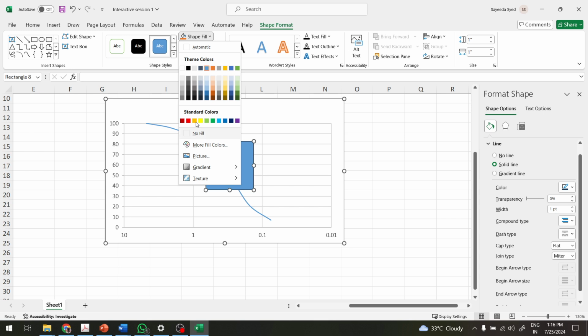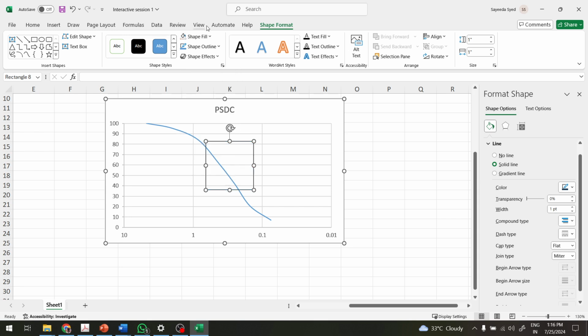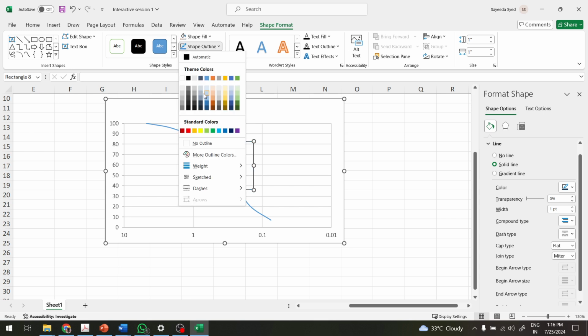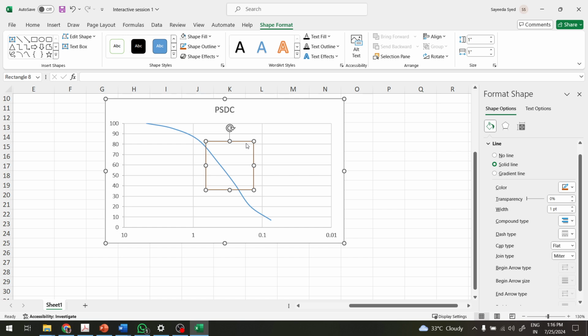Let's have no fill, and let's have a shape outline. Okay, so our 10% will be at here. Here.